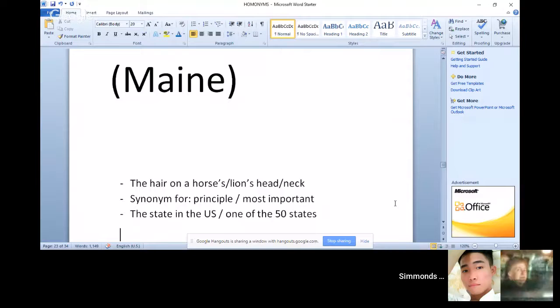As far as I'm concerned, mane isn't used in any other way. And to double check my doubts, yep, hair around a lion's head or a horse's. Well, it's kind of a figurative meaning for someone with long hair, but that's it. Those are the only explanations. So definitely hair.